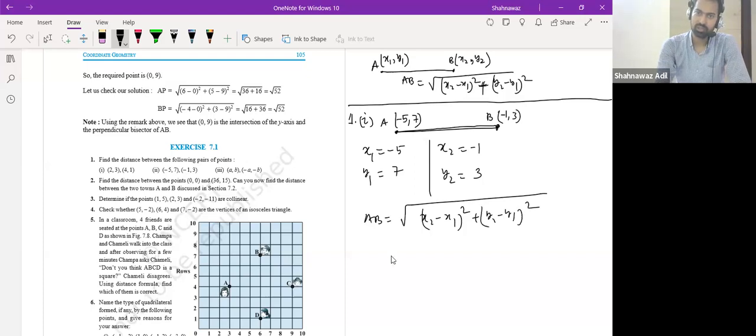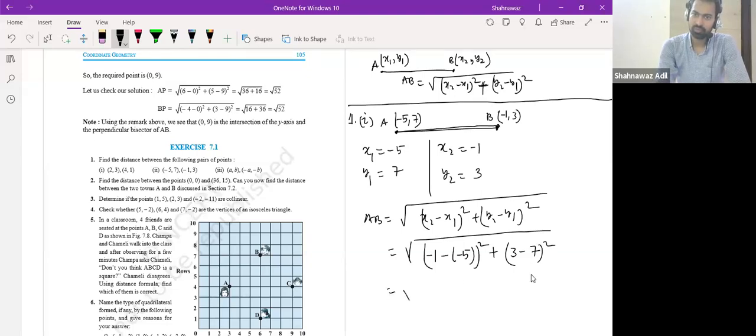So this is x2, which is -1 minus of -5 square plus y2, which is 3, minus 7 square. So -1 plus 5, and this is -4 square.